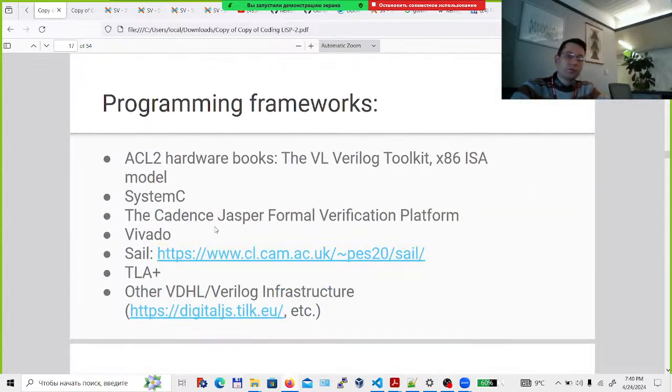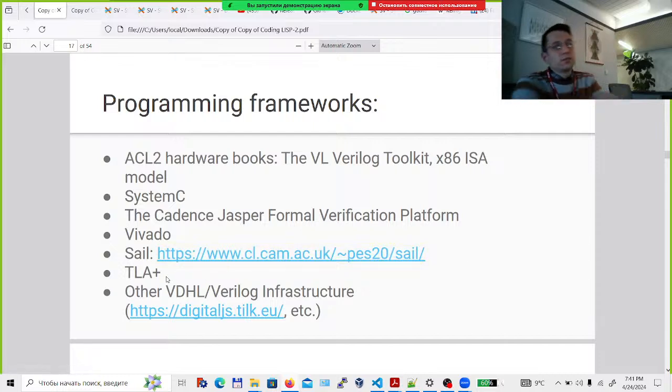We have programming frameworks like ACL2 hardware books, the Verilog toolkit, x86 ISA instruction subset for the assembler model, SystemC, the Cadence performance verification platform, Vivado, and SAIL, which is famous for its use with the Isabelle theorem prover. It allows you to formally verify RISC-V open source hardware architectures.